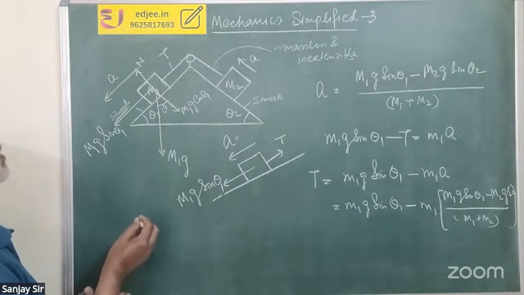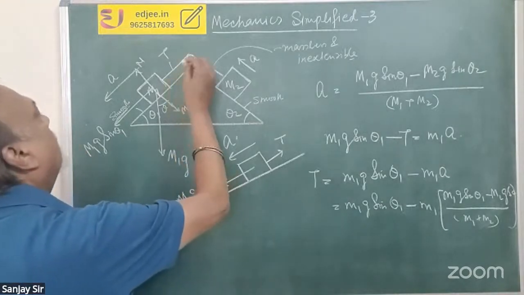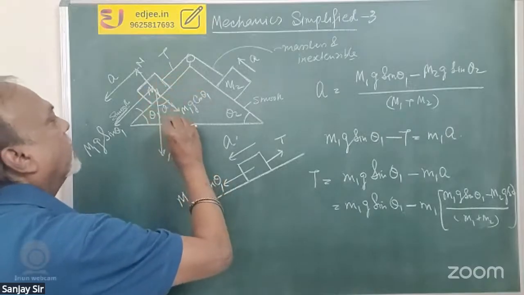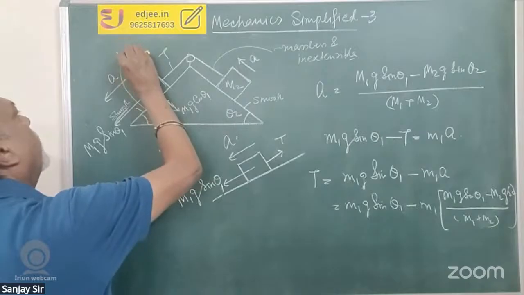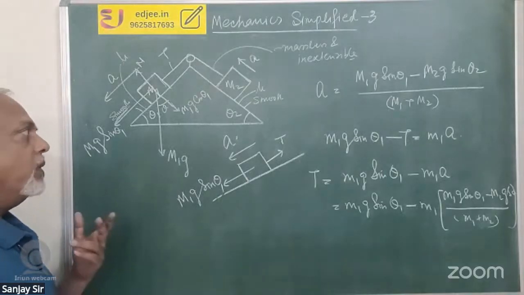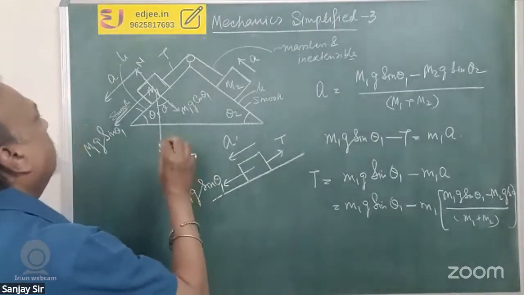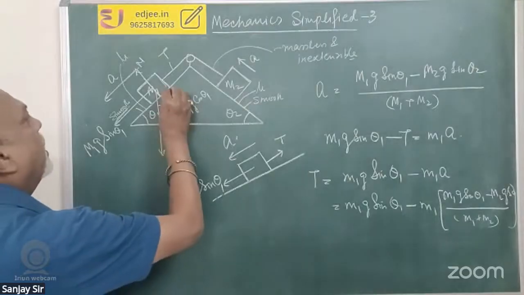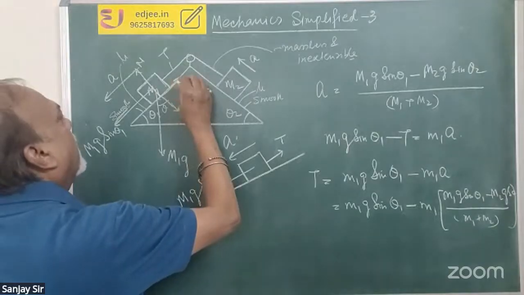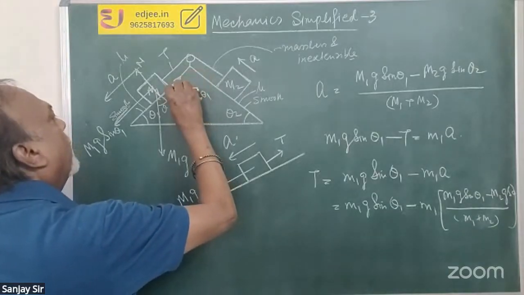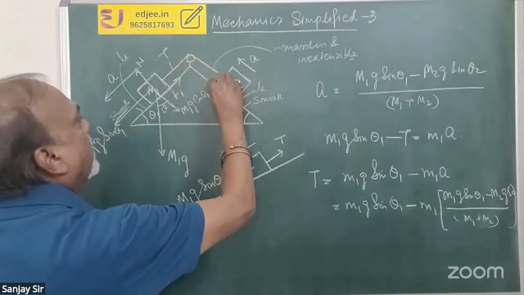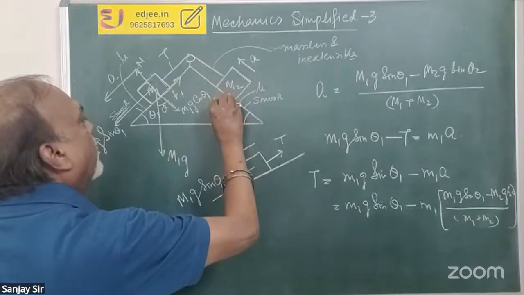Suppose there is friction also on this surface, mu. When friction is there, it is moving downward, and here the frictional force will be F1, and this is moving up here with F2.